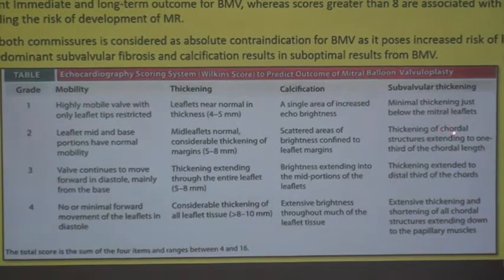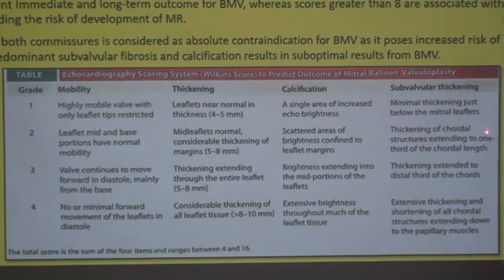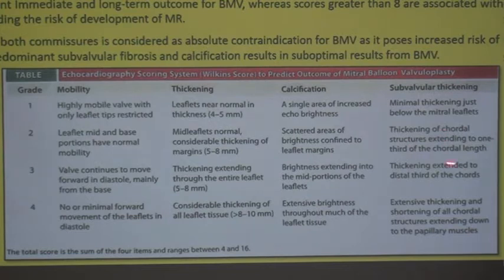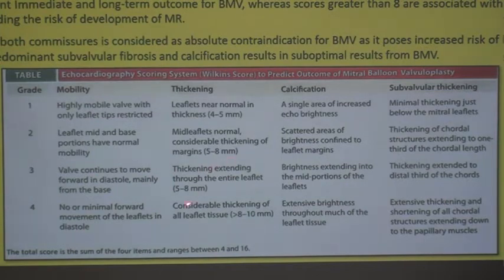Then thickening of chordal structure extending to one third of the chordal length is seen. In grade 3, the valve continues to move forward in diastole, mainly from the base, and thickening extends through the entire leaflet, that is 5 to 8 millimeter. Brightness extends into the mid portions of the leaflet, and thickening extends to the distal third of the chords.